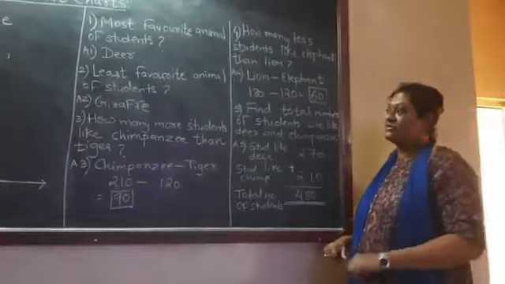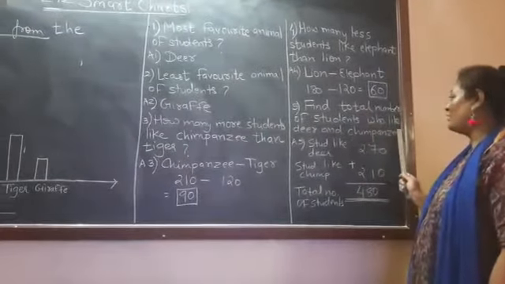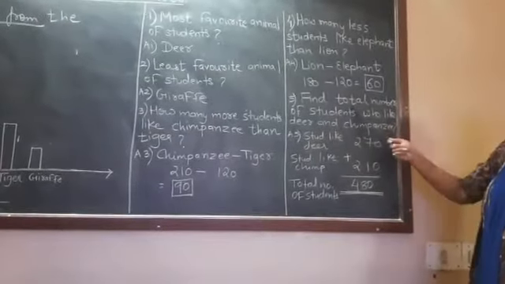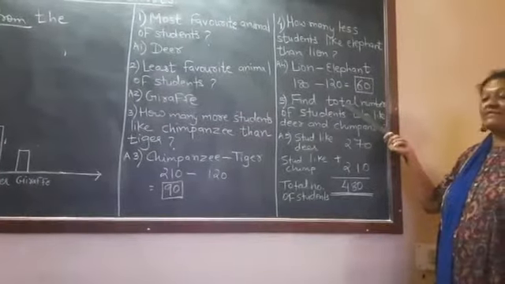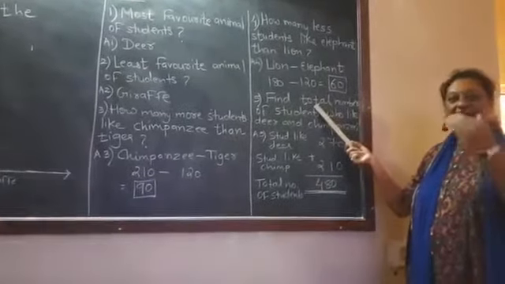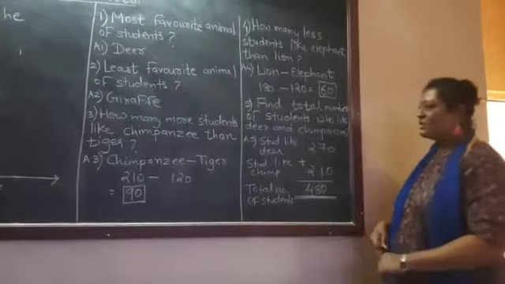Now the last question of question number 1. Find the total number of students who like both the animals, deer and chimpanzee. What do you mean by the word total? When we add and get the answer, that is called the total, or sum.